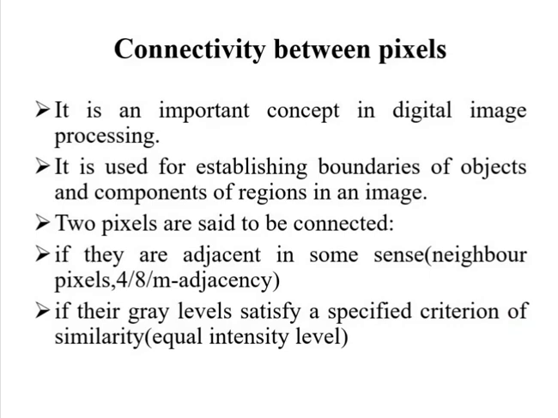Let us consider the example in the figure. Let V be the set of gray level values used to define the connectivity, with values 1, 2, and 2 pixels p, q that have values from the set V. The first figure shows 4 connected adjacent if q is in the set N4(p).